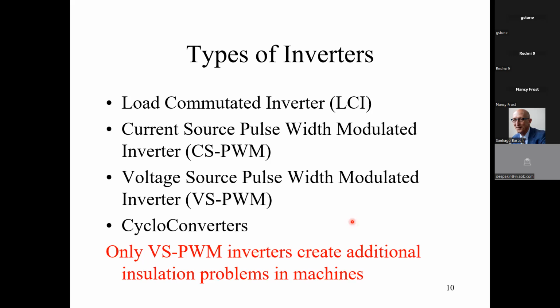Okay, so the types of inverters. There's lots of types, and even a long time ago, when I was still in school, we talked about variable speed drives using load commutated inverters, typically where you have thyristors or silicon controlled rectifiers, SCRs, whatever you want to call them, to switch DC bus voltages to provide an output current of any desired frequency.